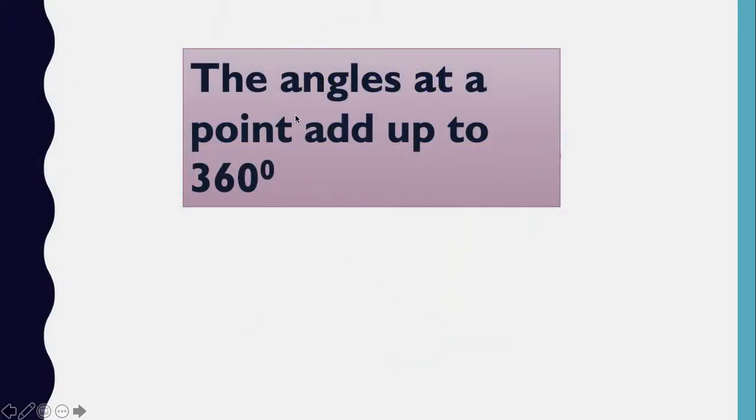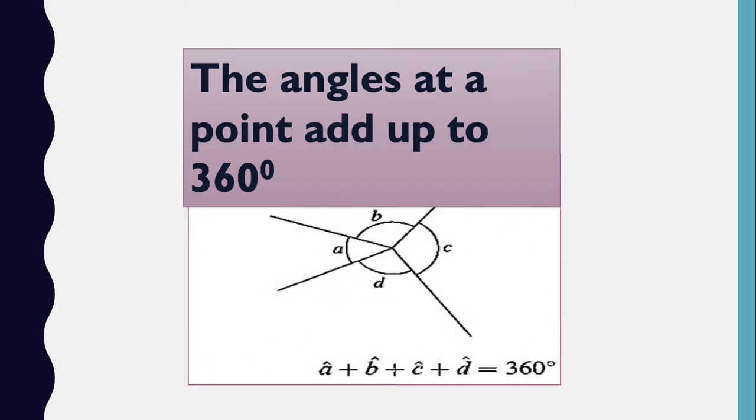Now the next one is angles at a point. The angles at a point always add up to 360 degrees. That means the angles around a point. For instance, see the diagram.